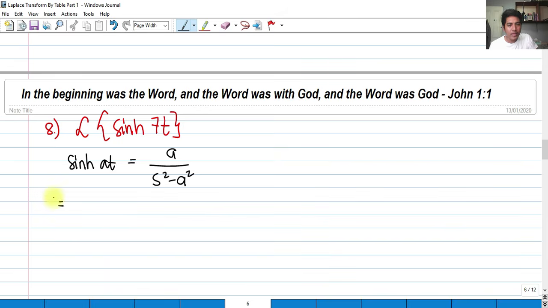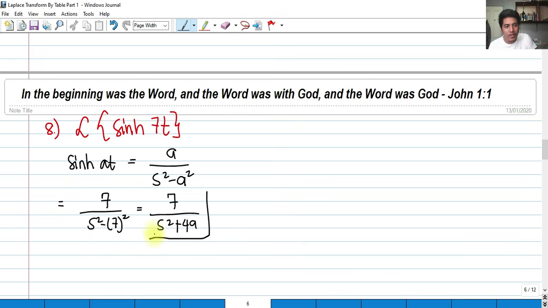So we have a, which is 7, over s squared minus 7 squared. So that is 7 over s squared minus 49, and that would be our answer for this problem.